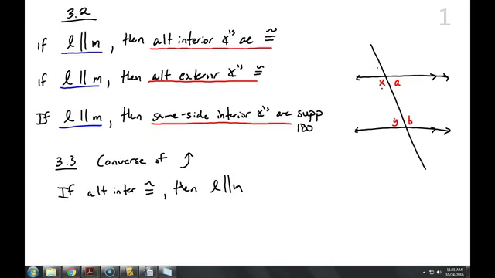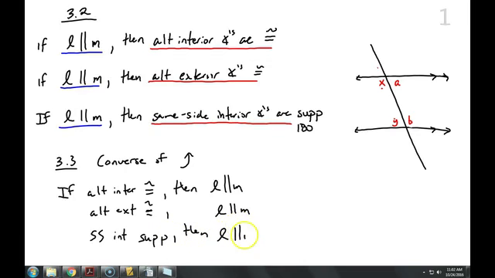I'm not going to write all the rest of it out, but if alternate exteriors are congruent, then L is parallel to M, and if same side interior are supplementary, then you can conclude L is parallel to M. So the whole point of 3.3 was these are ways to prove lines are parallel.